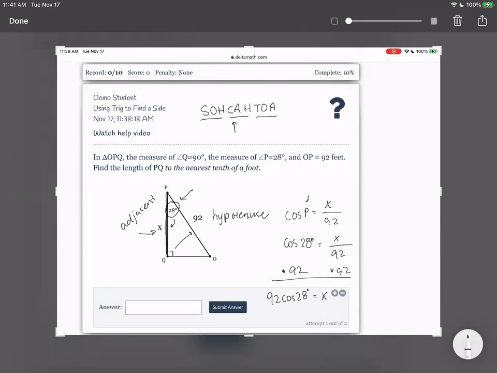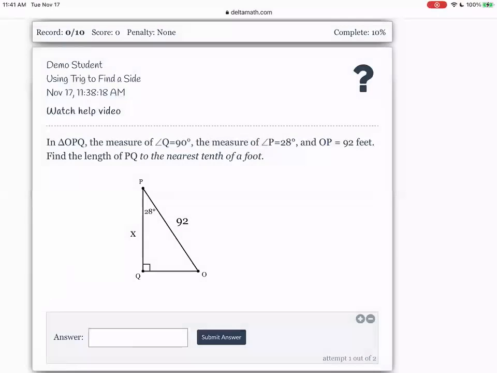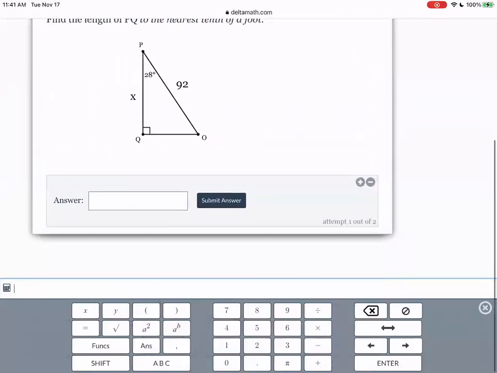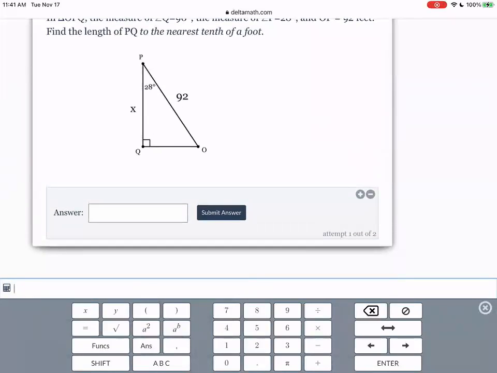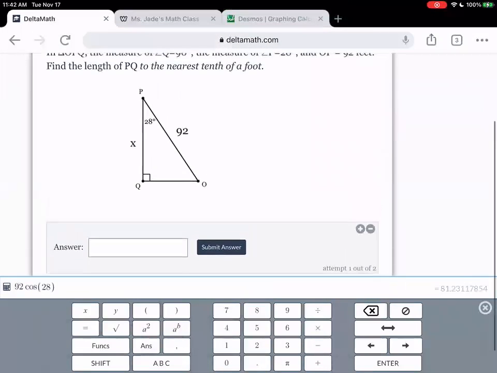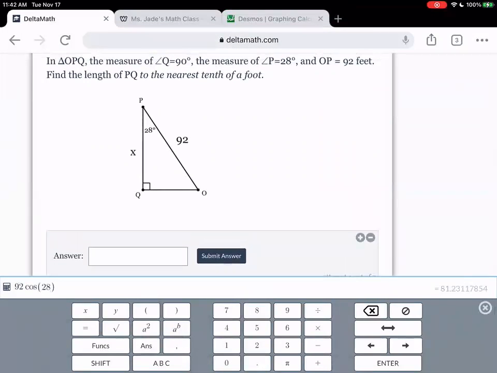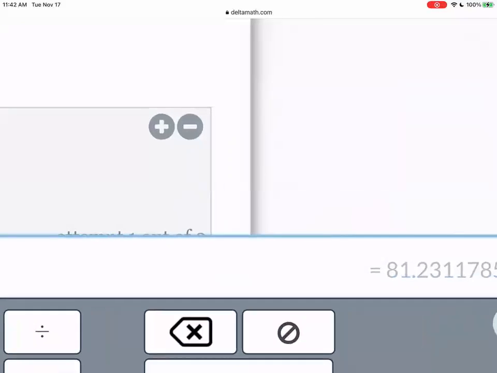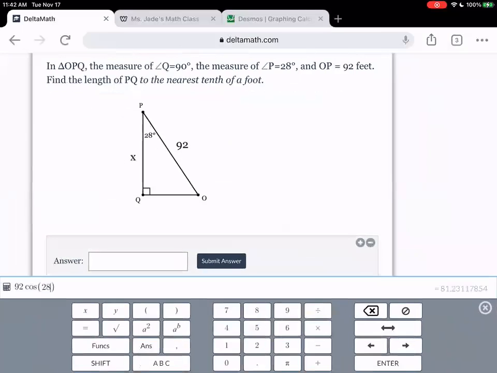Alrighty, I'm going to type it in then. So get that calculator up, and then I want to type in 92 cosine of 28. And so they give me 81.23. Deltamath's question says the nearest tenth of a foot. That means we want one decimal place, which means we look at two decimals. So I see 81.23. 3 is a pretty small number, so it's just 81.2.